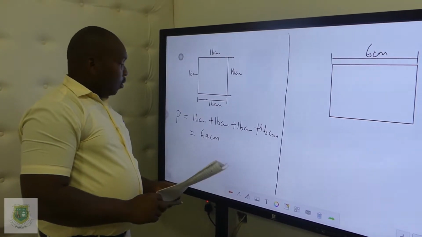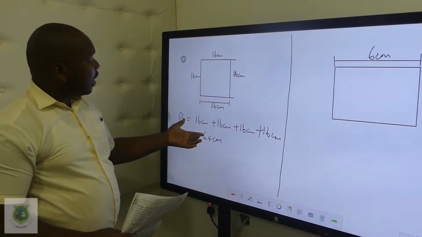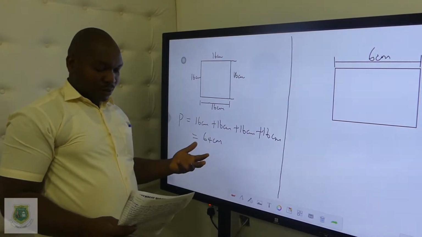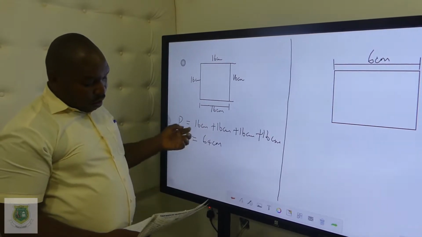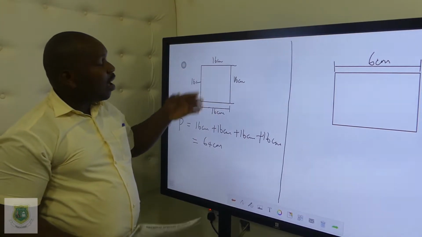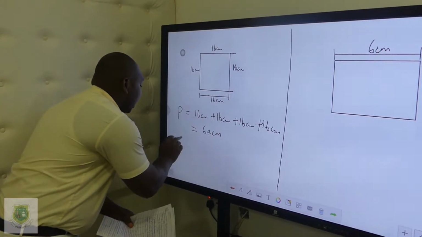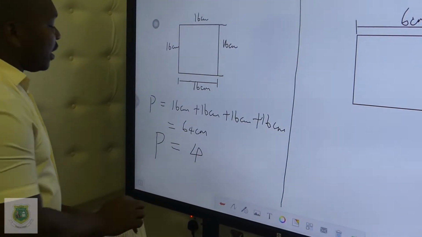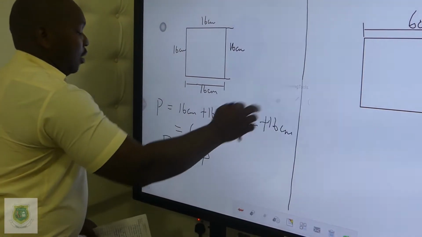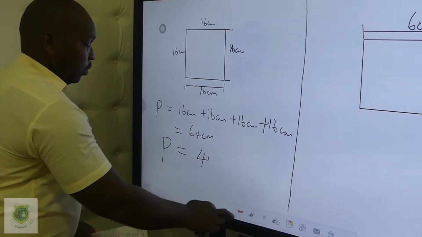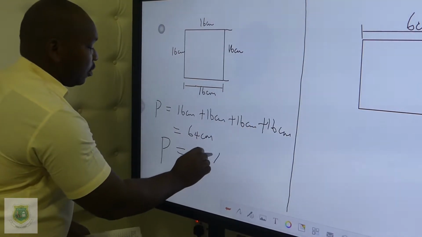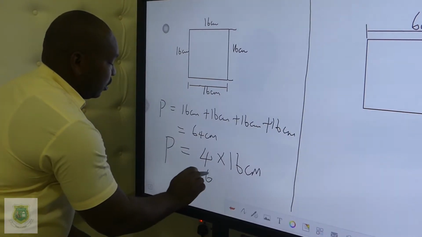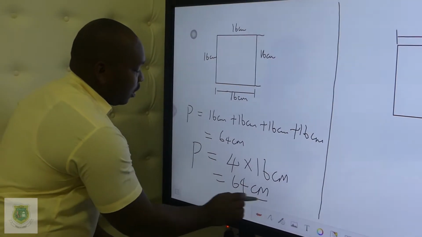Okay. But when looking at this, you see that the 16 appears how many times? 4 times. So simply, to get the perimeter of a square, we say that the perimeter of a square is 4, because it has 4 equal sides, times 1 of each side, which is now 64 centimeters.